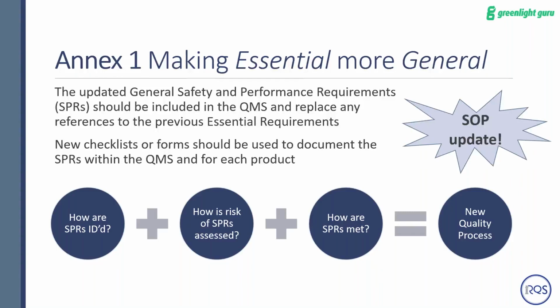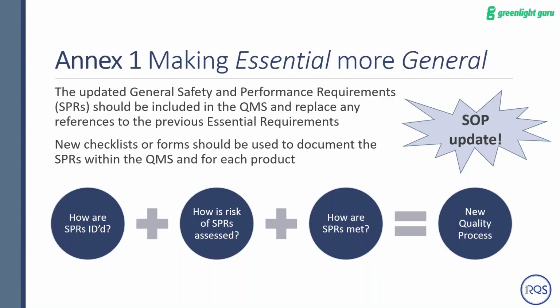It's up to you if this is a new SOP versus an older SOP. There is potential for companies that have multiple devices on the market where some might be grandfathered in longer than others, and some might still be under the essential requirements, and some might need to be updated sooner to the SPRs. So there might be a situation where you have two procedures and two sets of templates and forms.